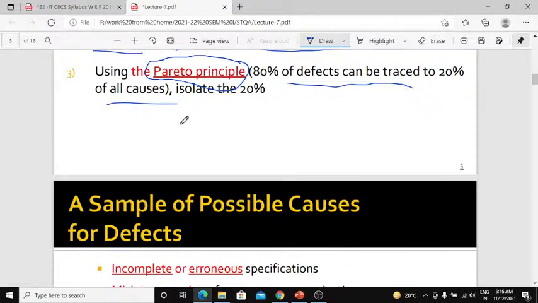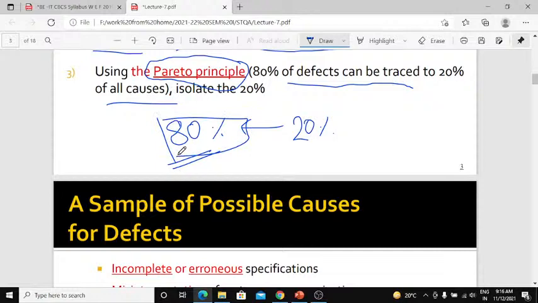Using the Pareto principle, 80% of defects can be found from 20% of all the causes or inputs. Finding or tracing 80% means we are covering the maximum defects, the maximum coverage of defects in a particular module or any system.